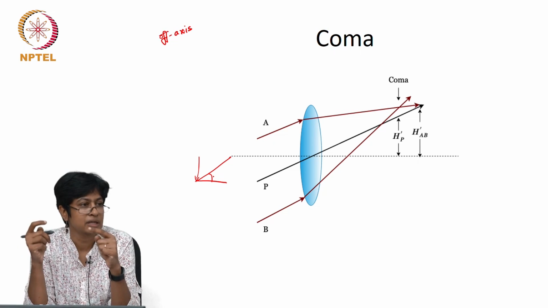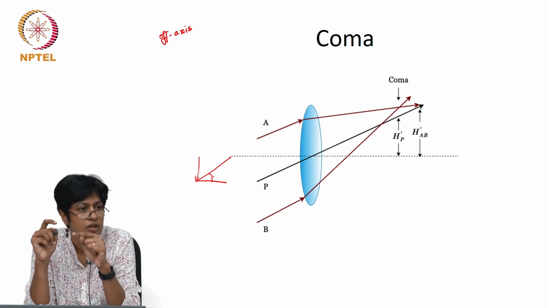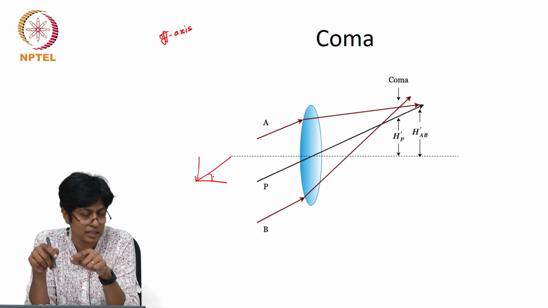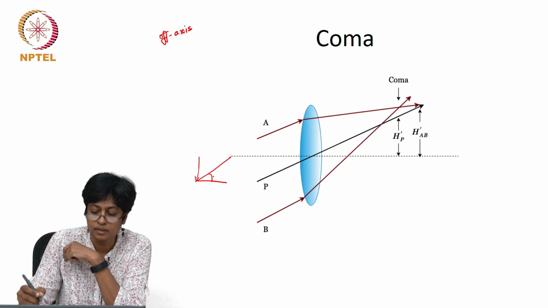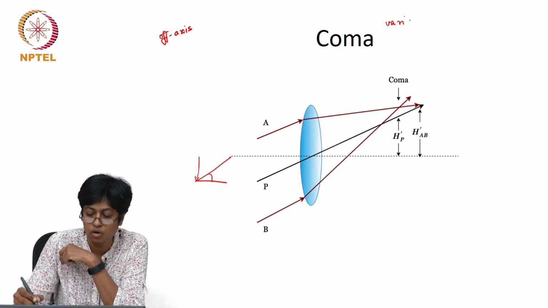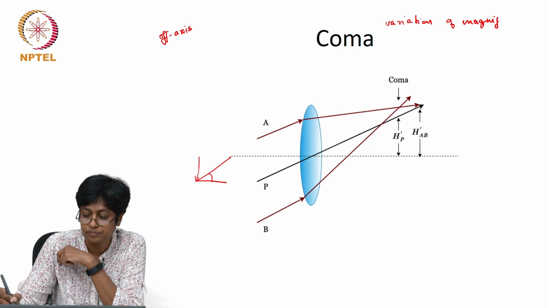Spherical aberration, we said, could be considered to be a variation of the focusing ability of the lens with aperture. Coma, on the other hand, is a variation of magnification with aperture.